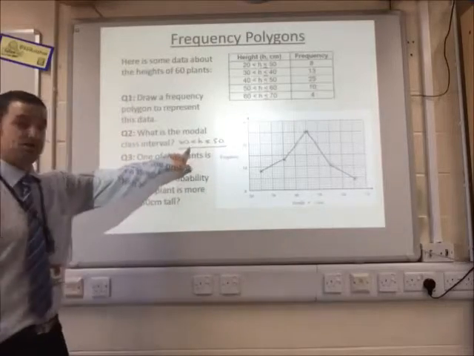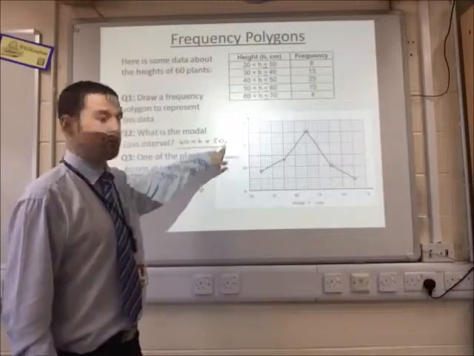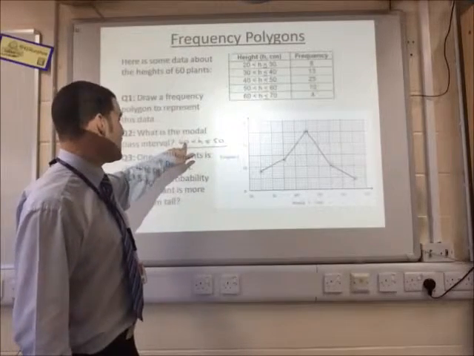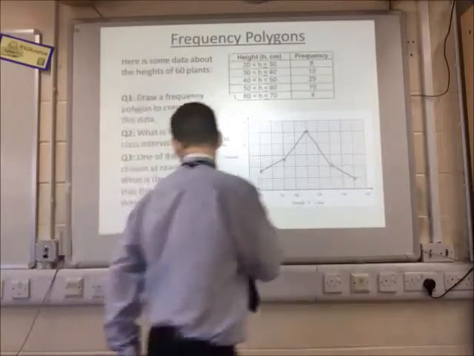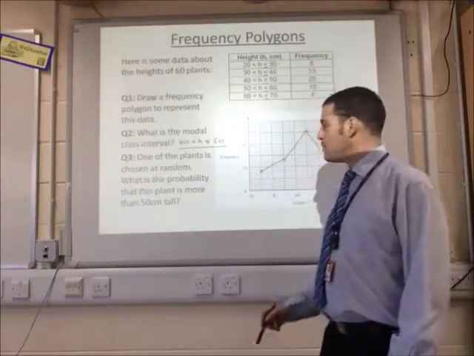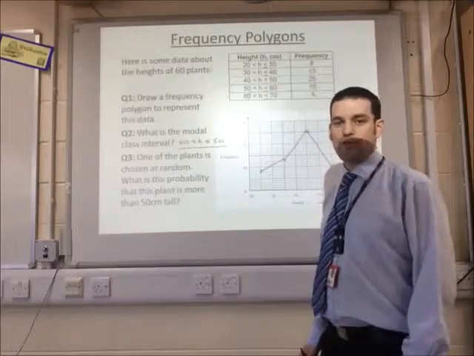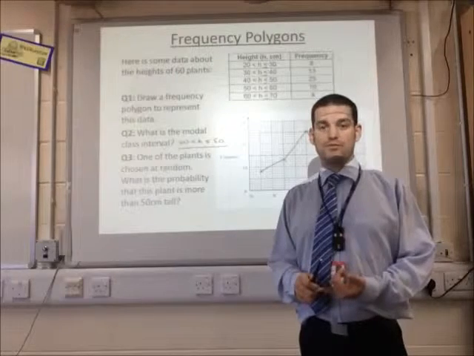So the answer to question 2 is this class. Don't worry too much about the notation, but that just says that the heights are somewhere between 40 and 50 centimetres. Okay, then one of the plants is chosen at random. What's the probability that this plant is more than 50 centimetres tall? Now, for probabilities, we use fractions to represent them.